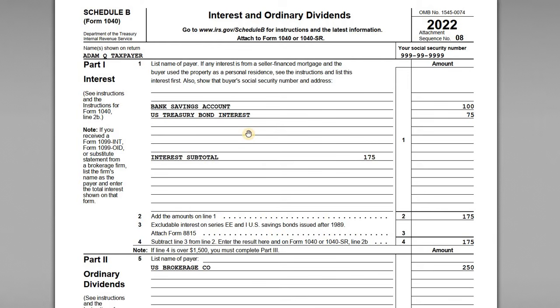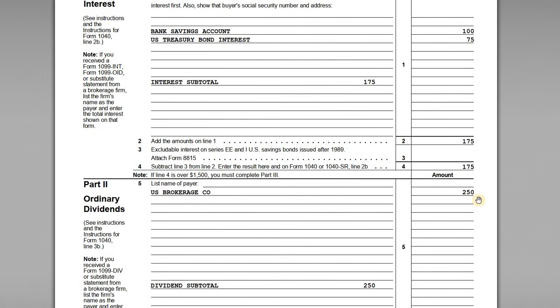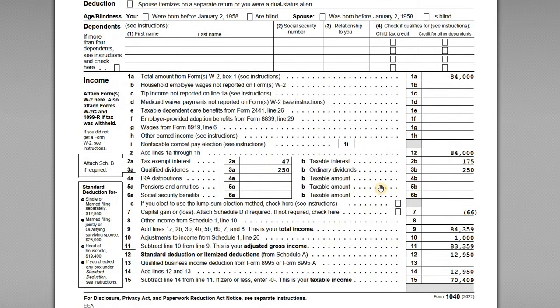So we're also going to see an adjustment on the California return for $75 that is going to be exempt from state income taxes because it's a federal interest amount. And then California will subject to tax that municipal bond interest. And then the ordinary dividend income, $250, and then the qualified piece is reported on page 1 of the Form 1040.